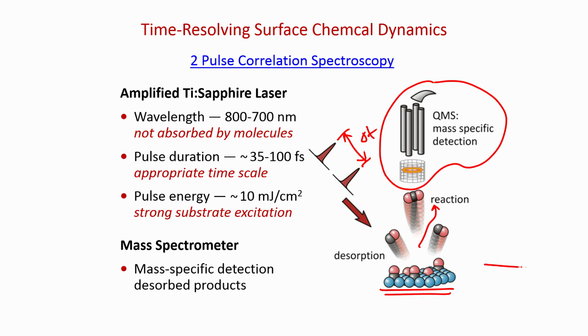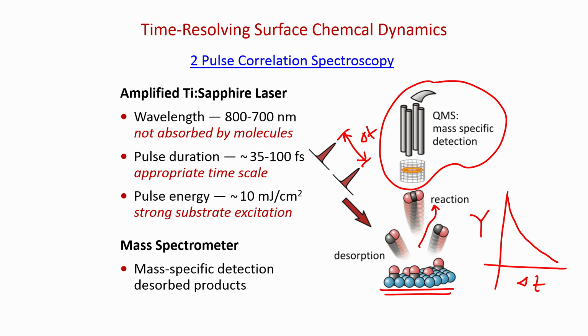So, all we are going to monitor is the desorption yield as a function of delta t, the desorption yield as a function of time, and obviously desorption yield will decrease as a function of time, because when two pulses are overlapped with each other, I deposit the energy simultaneously.